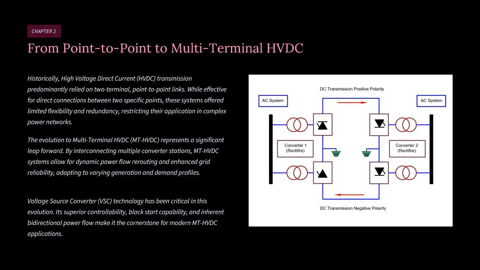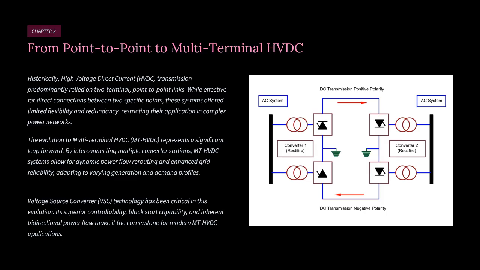Historical HVDC transmission relied on two terminal points and links, efficient for direct connections between two specific points. These systems offered limited flexibility and redundancy, restricting their application in complex power networks.